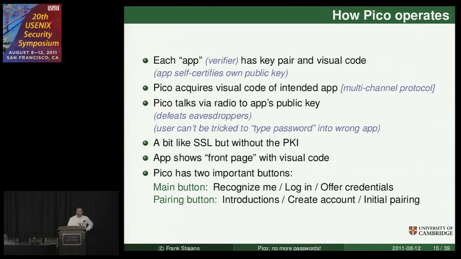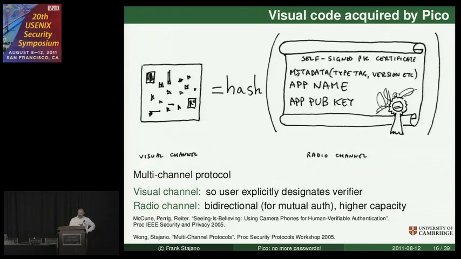How does Pico work? Each app, as I said, app is the name I use for verifier, has a key pair and a visual code, which is a self-signed certificate for the public key, like this. So this visual code is a hash of a self-signed certificate of the app's public key.